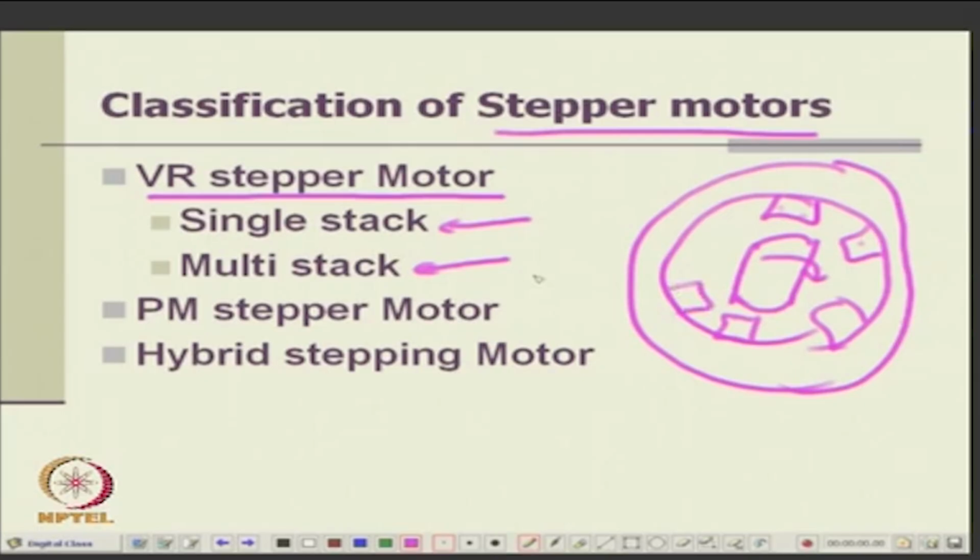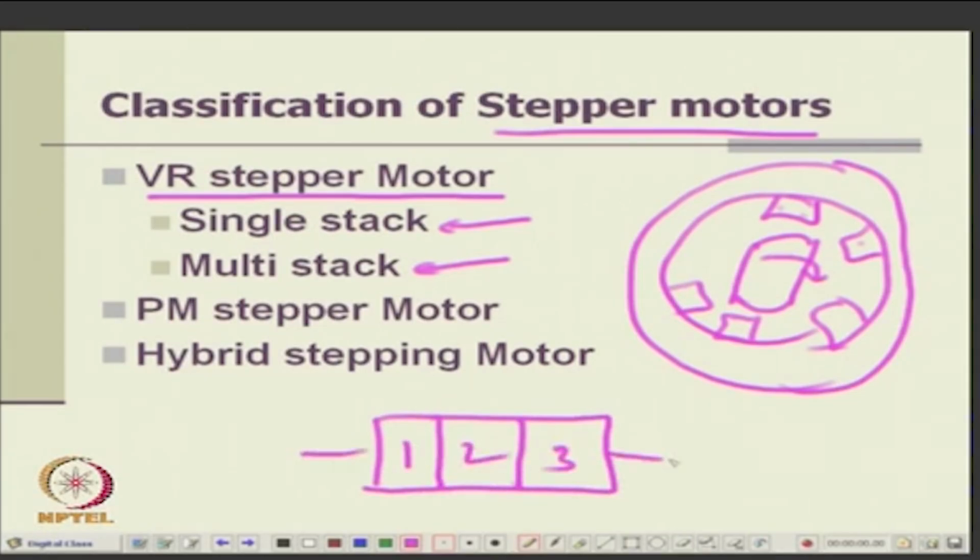Now, what they do is in the other axis you have stack 1, stack 2, stack 3 in the shaft axis. Then you twist the shaft, so stack 2 will have a different position than stack 1, right. So, the rotor will align, you can excite one first, then two next, like that. So, there is another variant of control possible because of the multi-stack.